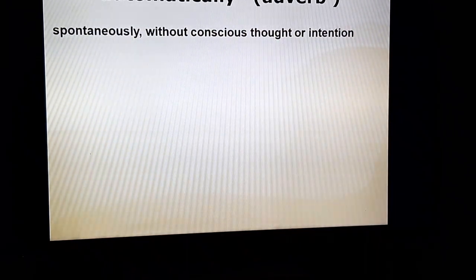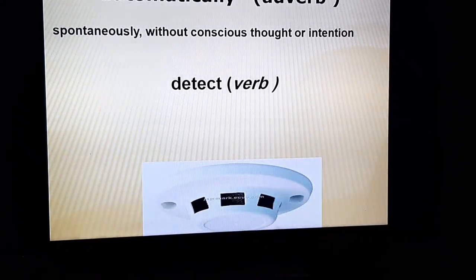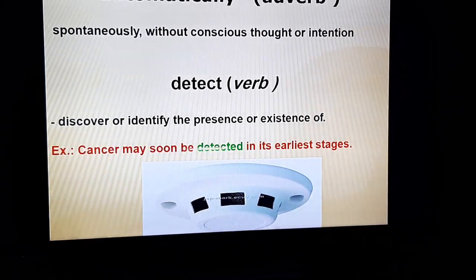We here will introduce the new words. Automatically means spontaneously, without intention, without conscious thought. Detect means discover something, discover or identify the presence or existence of something, like smoke.